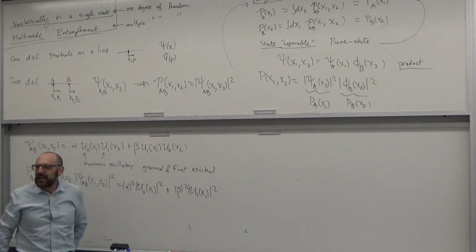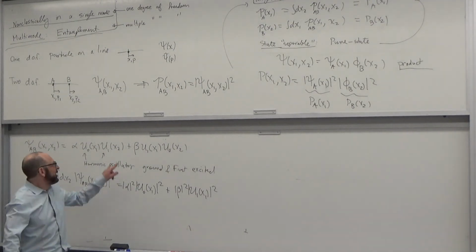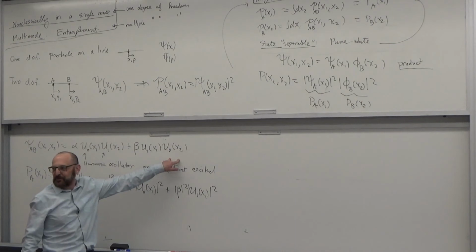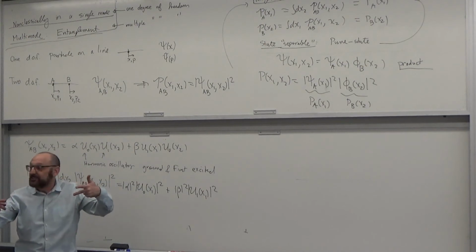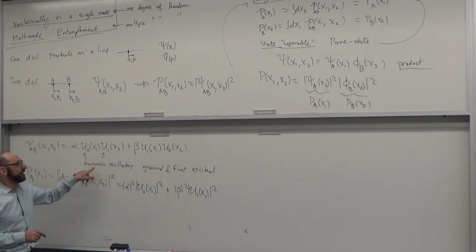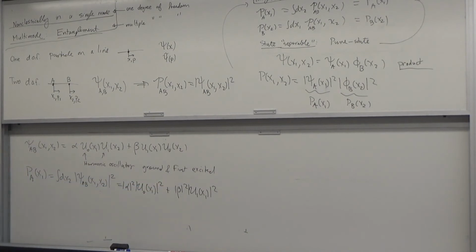And what am I going to get? When I have this star with that, and I integrate over 2, these are the inner product of that, which is 0, right? Because these guys are orthogonal. So that's the answer.